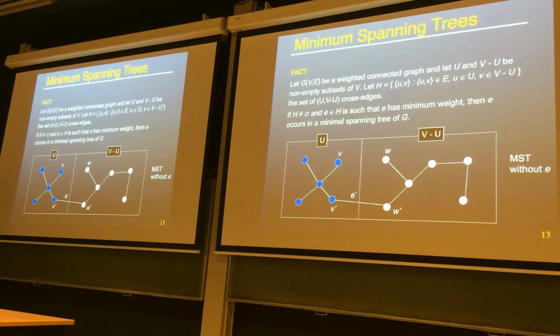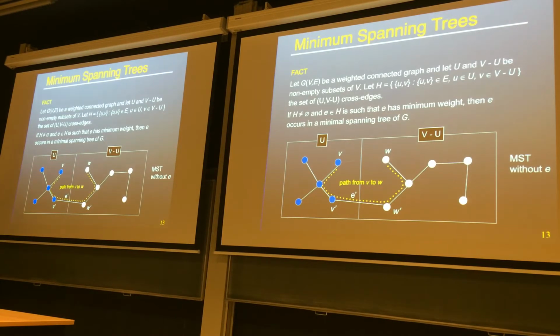Why? Suppose that E prime occurs, then we can exchange E prime for E and ensure that all the paths that are possible from one block to another block can still be kept. Since we exclude E prime and we include E, the resulting system will be a spanning tree that has less cost than the original one.